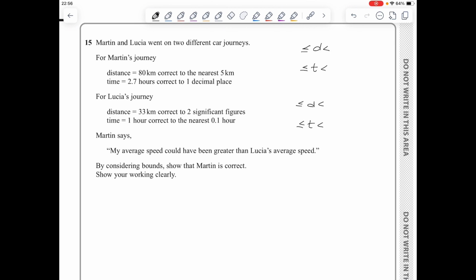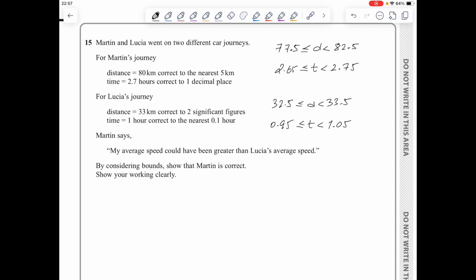Now, the lower bound for Martin's distance is 77.5 and the upper bound is 82.5. For the time, 2.65 and 2.75. For Lucia, distance lower bound is 32.5, upper bound is 33.5, and time is 0.95 and 1.05.